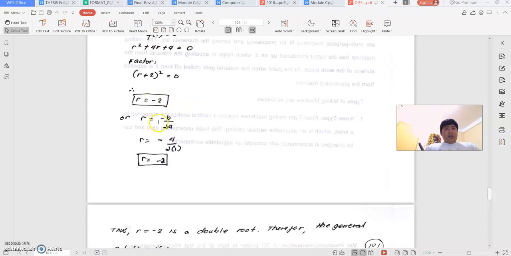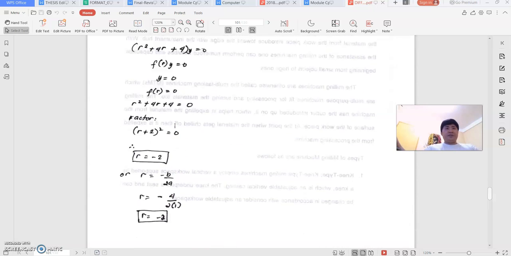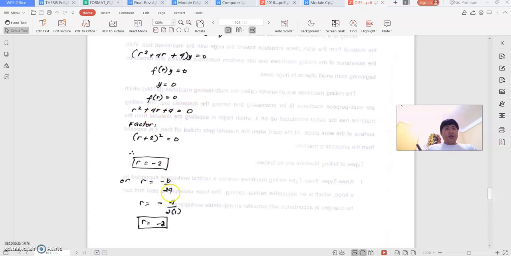So, negative b, since ang b natin is 4, di ba? If you could see our equation, our b is 4, and ang a natin is 1. So, 4 divided by 2, that is 2. So, negative b over 2a ang formula. So, negative times 2 is negative 2, which is the same.